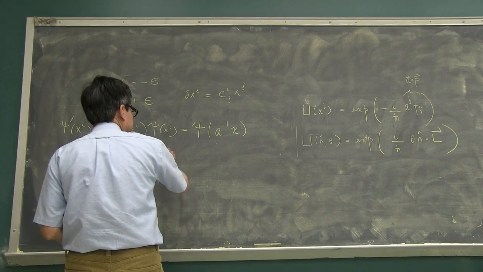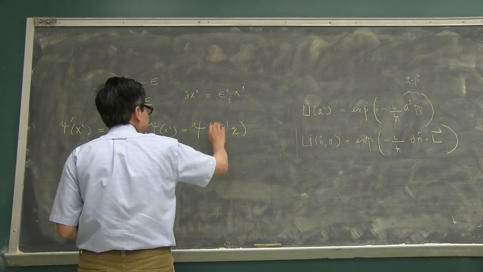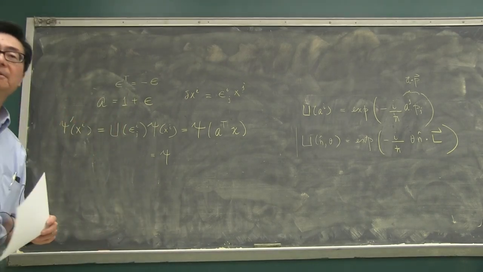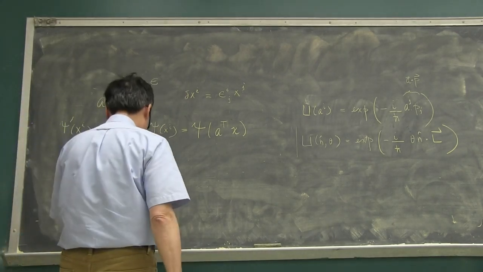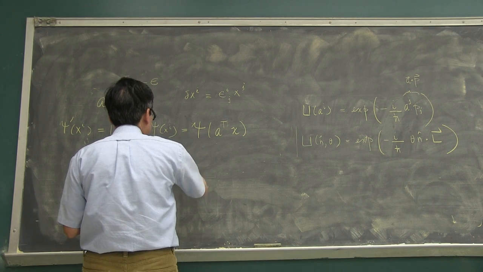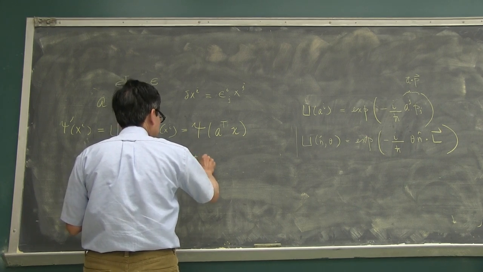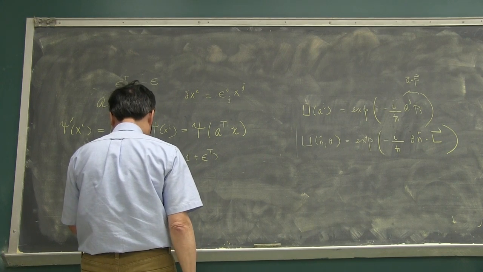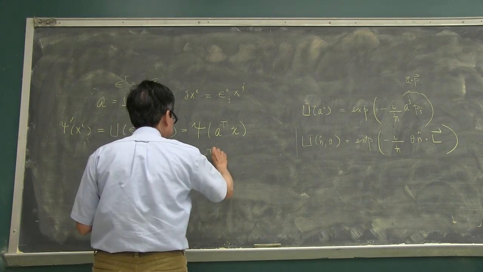But this being orthogonal, I can replace the inverse by transpose in here, like so. And so this is psi at the value (1 plus epsilon transpose) operating on x.